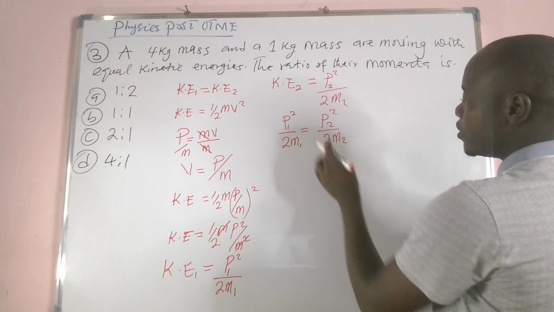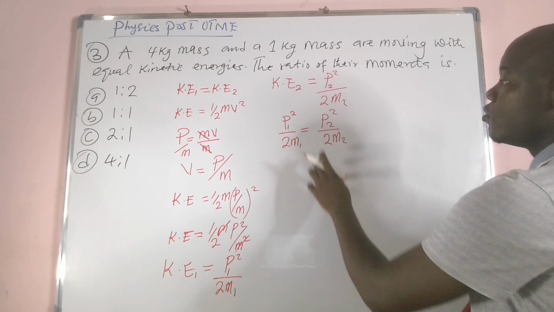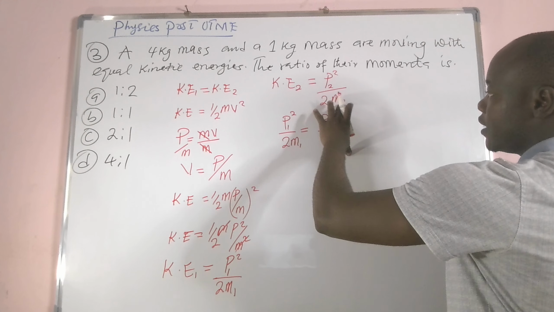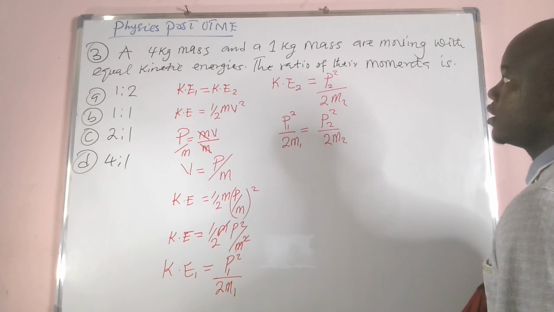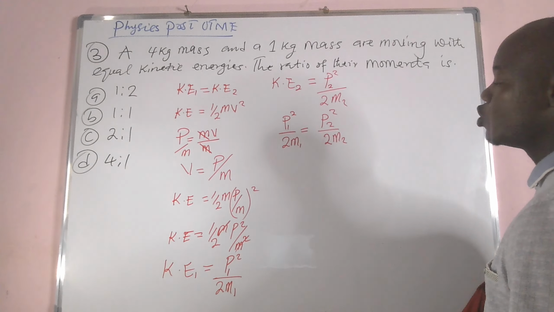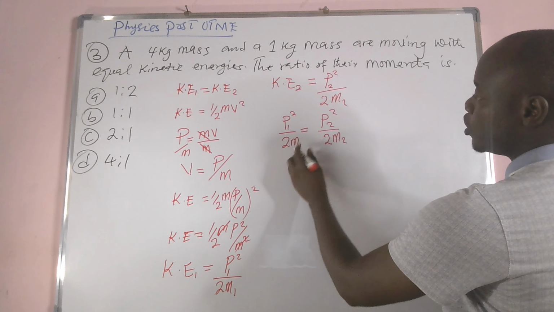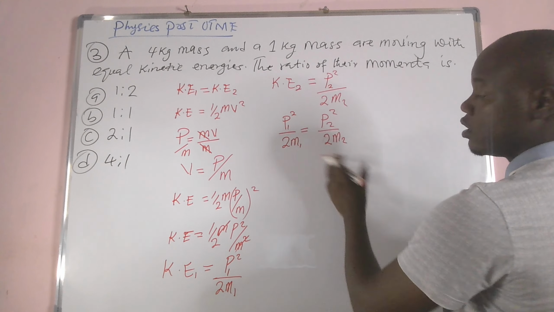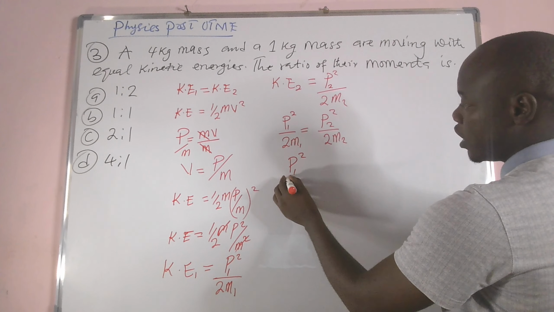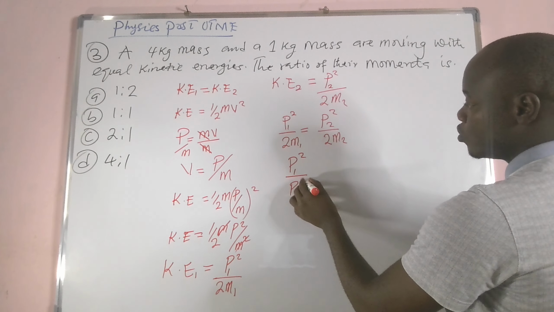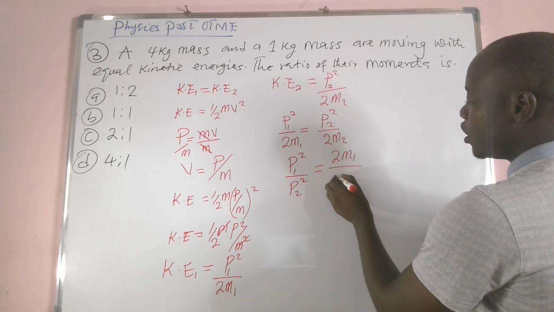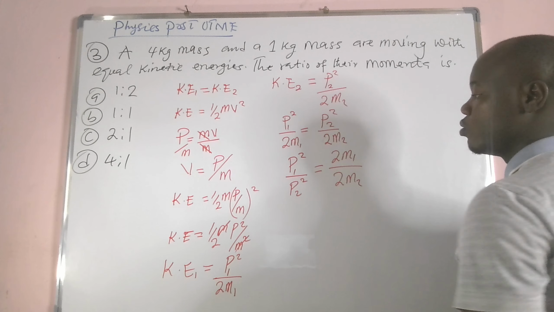That is why we have this here. We have the kinetic energy of the first object as this, and the kinetic energy of the second object as this. What we want to get is the ratio of their momentum. So we multiply and divide both sides, and at the end we have P1 squared all over P2 squared is equal to 2M1 all over 2M2.